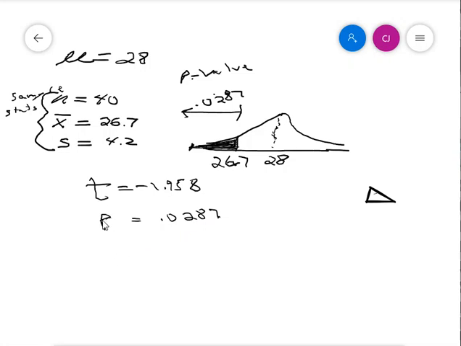And we had n equal to 40 up here. This is really what we're going to be concerned about with our outputs now, because this is going to help us make a decision.